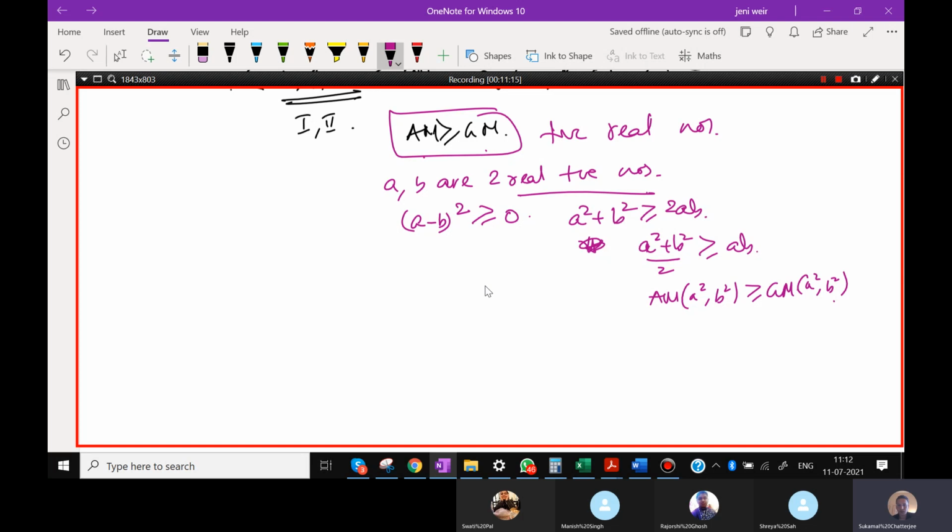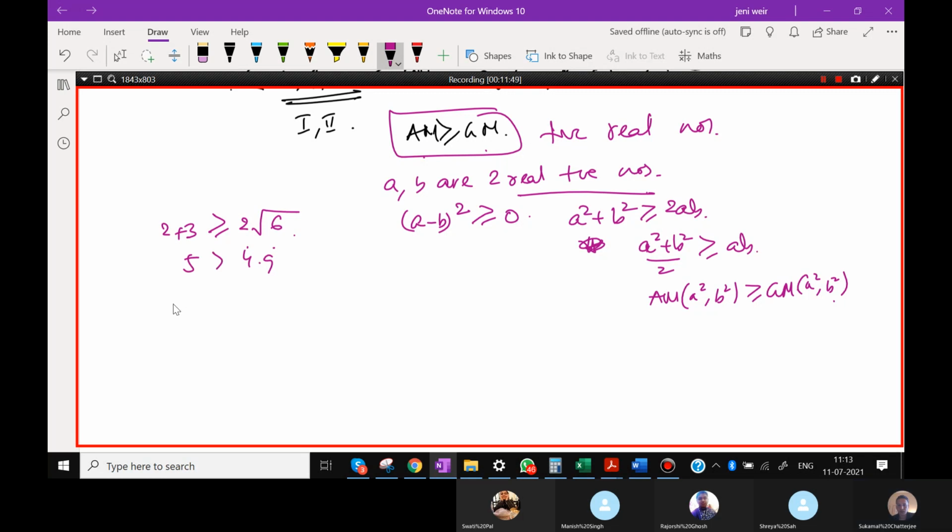So I can only apply this concept when A and B are both positive real numbers, which is self-explanatory, right? 2 plus 3 is always greater than or equal to 2 times root over 6. You calculate it out, you'll get the result. This is roughly 2.45 into 2 is 4.9 and this is 5. This is greater than 4.9.